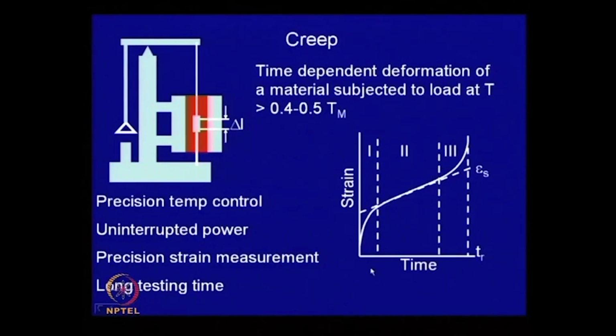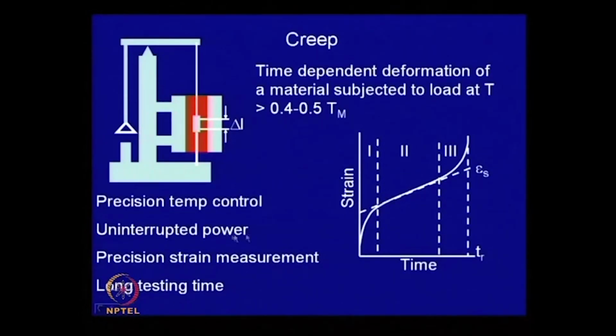So, a creep test can last for a very long duration, and it is an important property for any material which is to be used at high temperature. For example, any boiler component, superheater tubes, steam turbine blades, or aero gas turbine blades. Wherever these materials are subjected to high temperature, it is important to know creep properties.